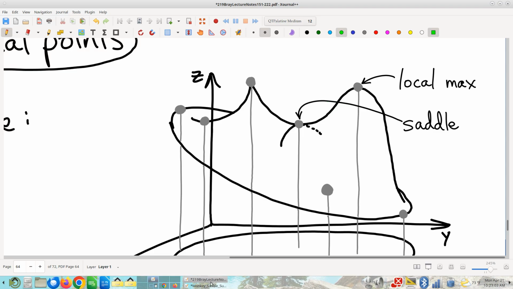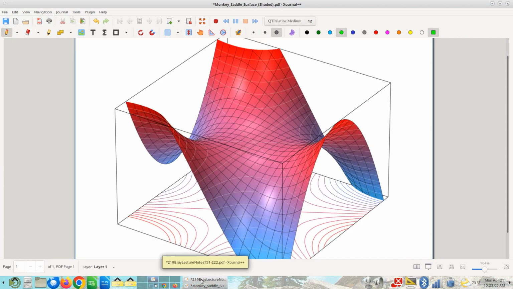There are other possibilities for what a critical point might actually look like. And one of them is called the monkey saddle, which I think is weird and also kind of funny, because you've got to imagine there's some little monkey sitting here, and the monkey has one leg there and one leg there, and then his tail is hanging off in the back.